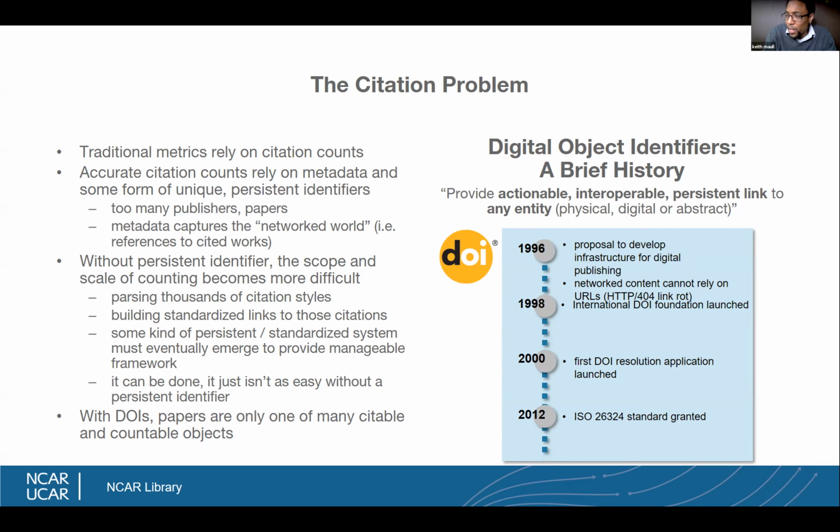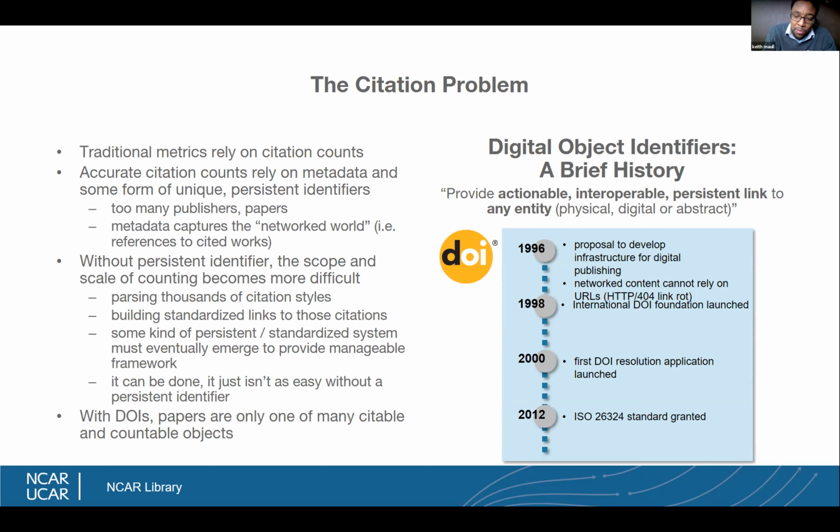In 1996, there were proposals floating around about how to improve the structural integrity, if you will, of the way in which works are cited and referenced. And so in 1998, the International DOI Foundation was launched to try to address this problem.